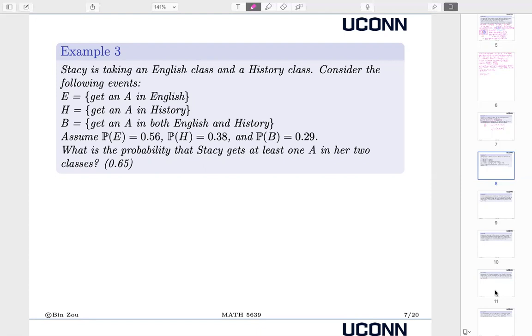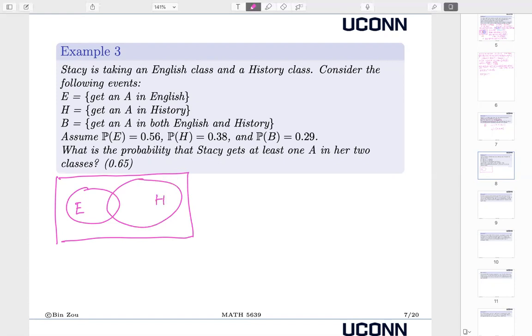So what we are trying to do is draw a sample space. This is E. In between, the common part is B.